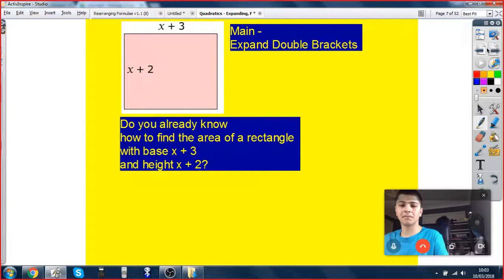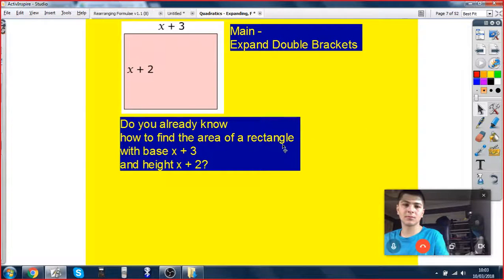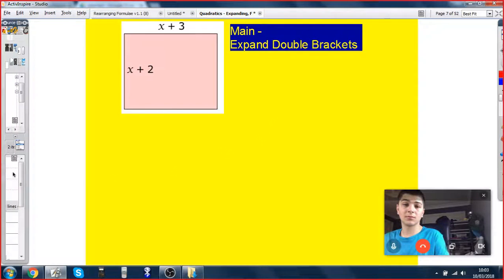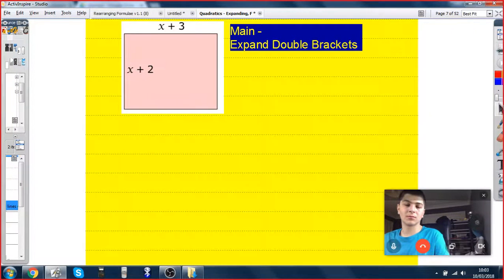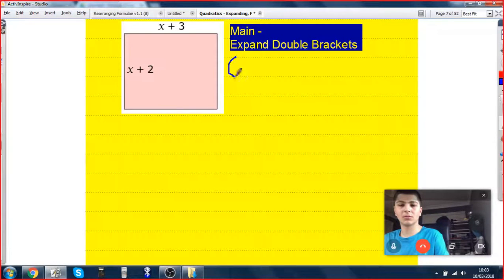Okay, how would we do this one? Would I just put x in one bracket and x in the other, and then put x plus 3 times x plus 2?